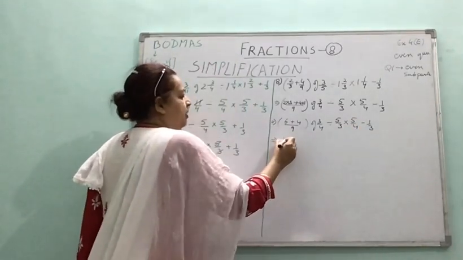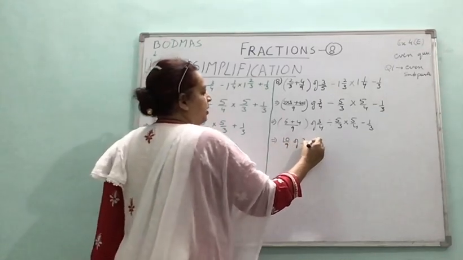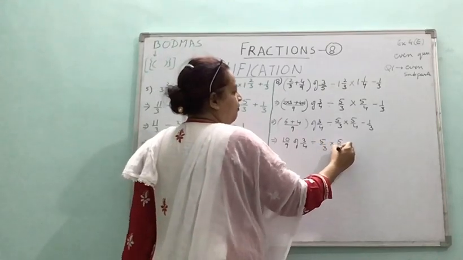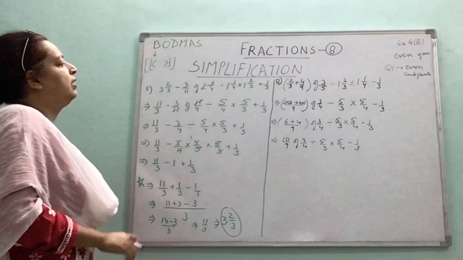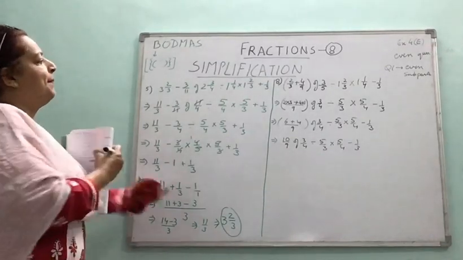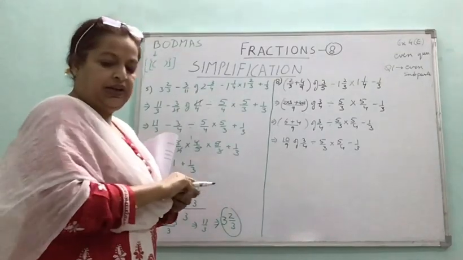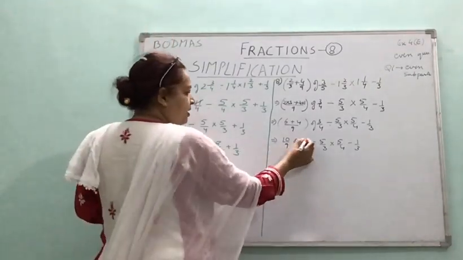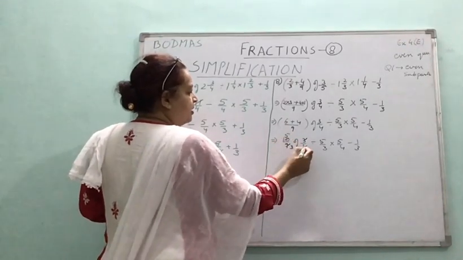So it is 10 by 9 of 3 by 4 divided by 5 by 3 into 5 by 4 minus 1 by 3. Okay, so now of, if it is reducible, I'll reduce here because I have to multiply, but I'll not change the symbol. 3 and 2, 5 times 2.